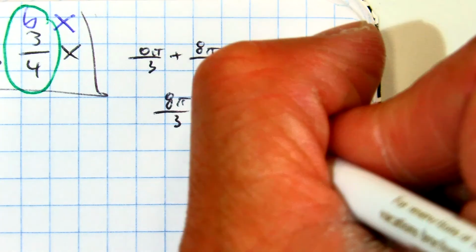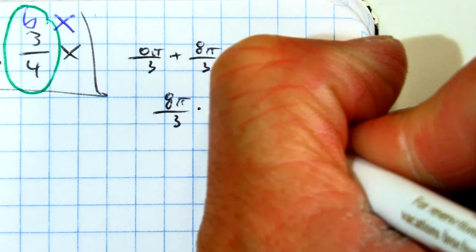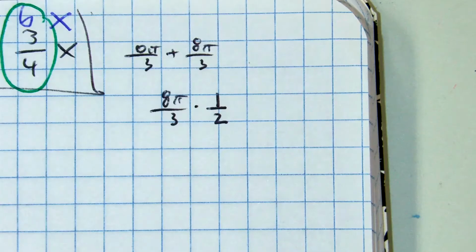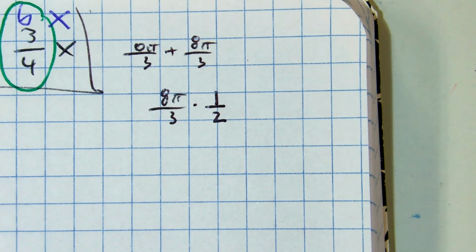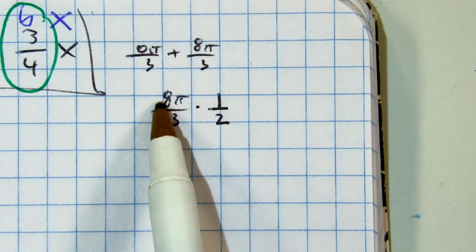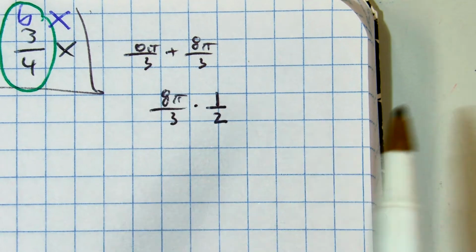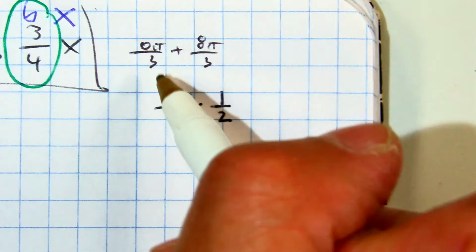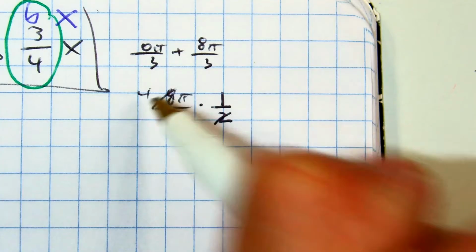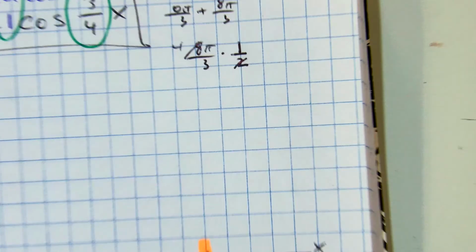And if I divide it by 2, it's the same thing as multiplying by 1/2. Dividing by 2 is the same thing as multiplying by 1/2. If you do that, you basically get what? 8 pi over 6, and 8 divided by 6 reduces to what? 4 over 3. There's your canceling, and you're left with 4 pi over 3.